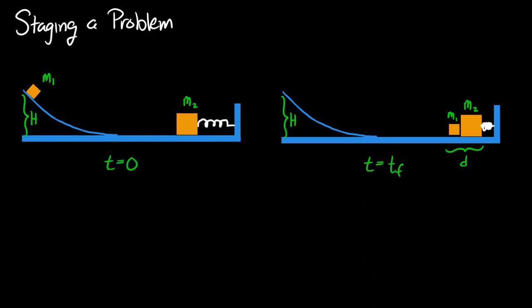Now what I want you to do is come up with whatever number of stages you need to explain what happened in between, where the idea here is for us to be able to apply a physics principle to each stage. So when you saw me do this, I broke out stages in the middle, things that I thought would be good stopping points to allow us to apply a physics principle.